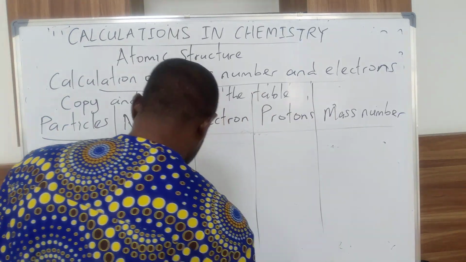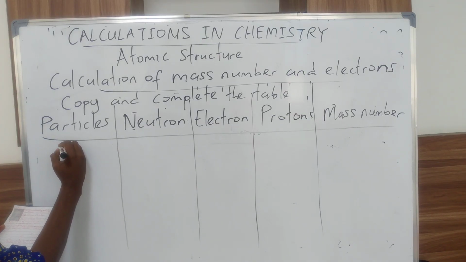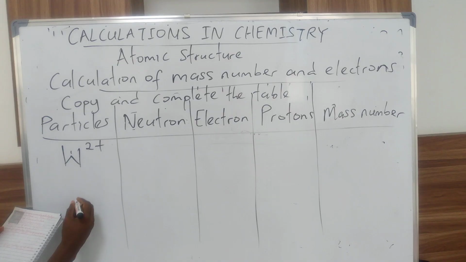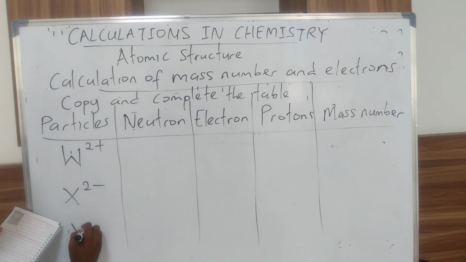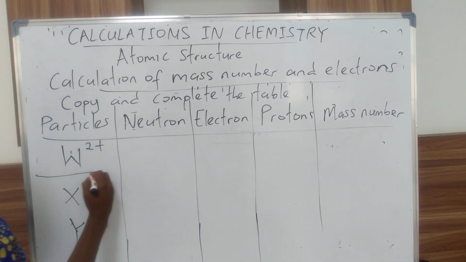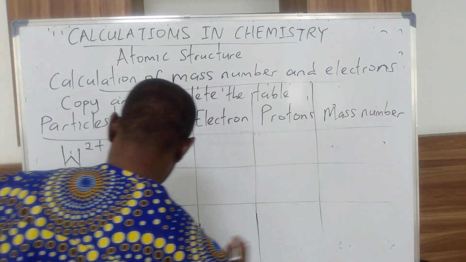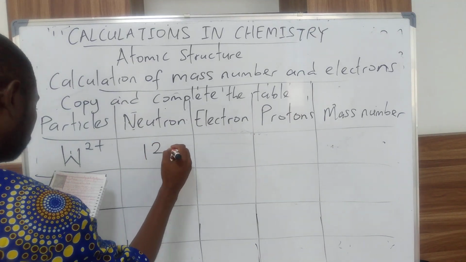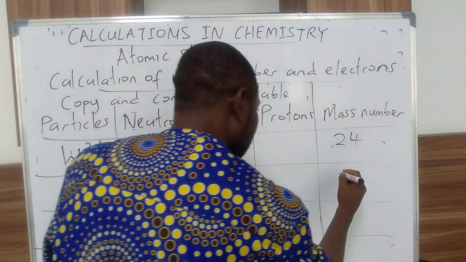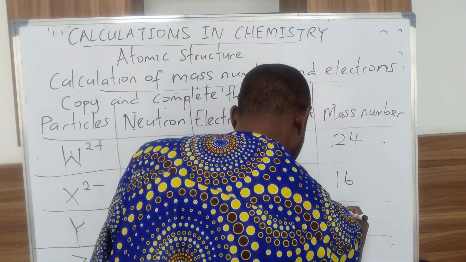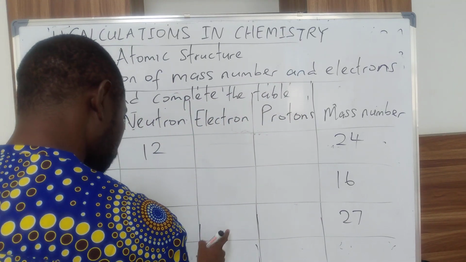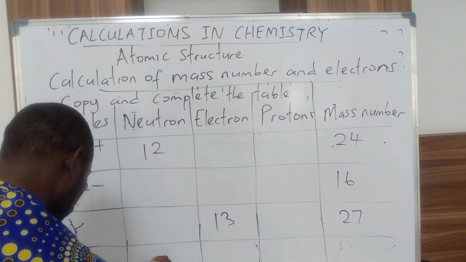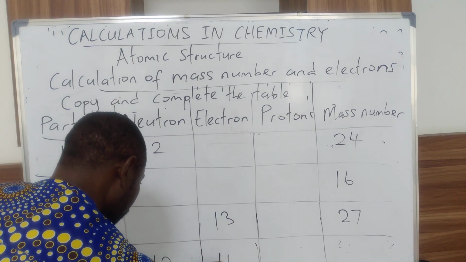So we have W2 plus, we have X2 minus, we have Y, and we have Z. Now it gave us here 12, it gave us here 24, here 16, 27, it gave us 13 here, here is 12, and here is 11.